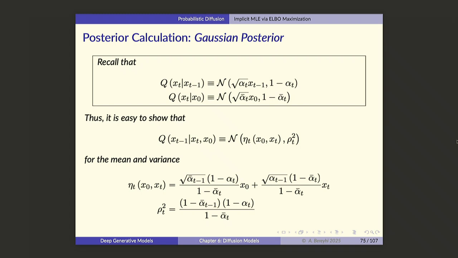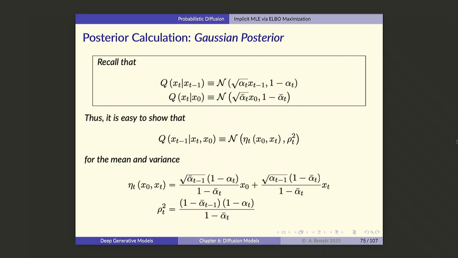Anyways, the point is that I have eta t to be one coefficient computed in terms of alpha times x0, and another coefficient computed again in terms of alpha times xt, right? So keep it in mind. We're going to make it much easier quickly when we start with DPM, OK?